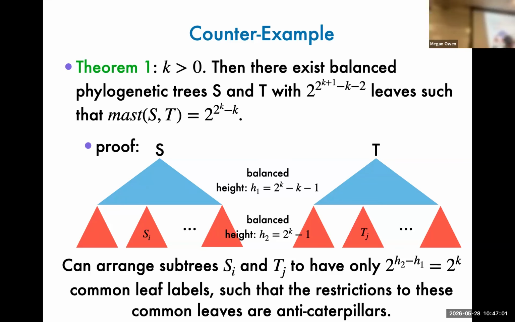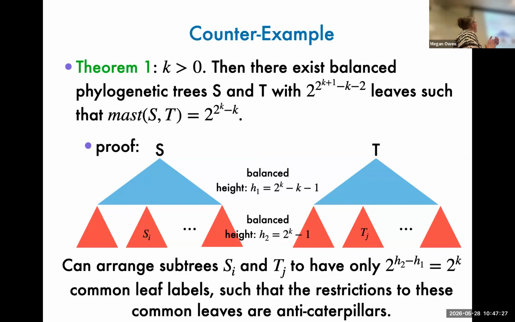You arrange them so that they have minimal amounts of leaves in common, and you can then cover them with these disjoint caterpillars. If I take one subtree here and one subtree here and look at the overlap, you have these anti-caterpillars that only allow a maximum agreement subtree of 2.